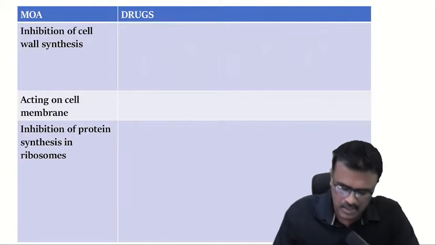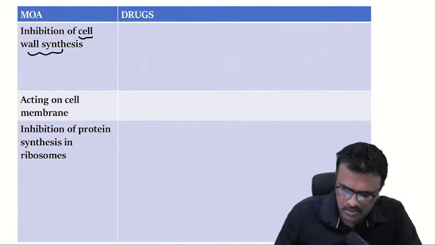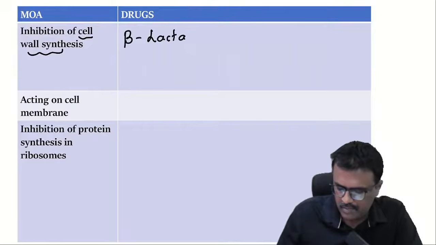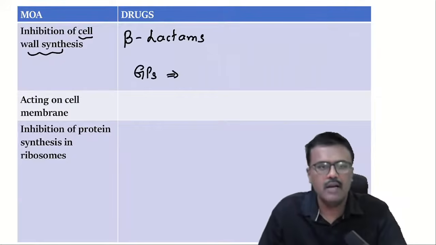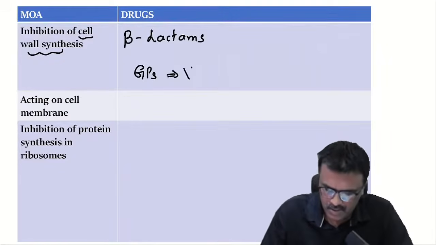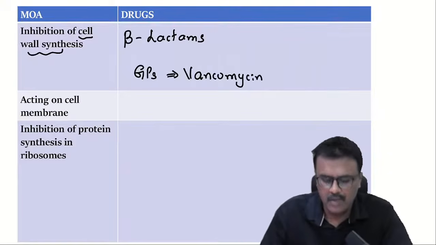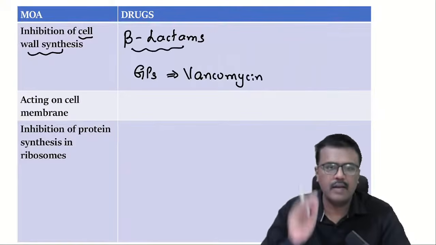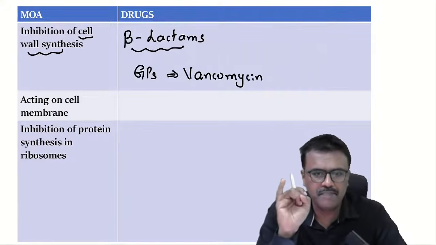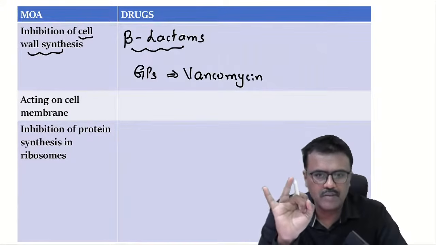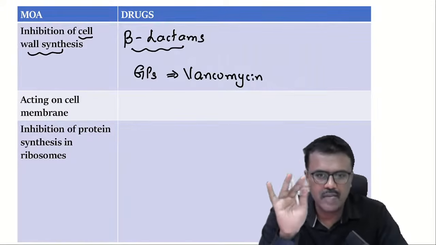So what are the major drugs which inhibit cell wall synthesis? Beta-lactams and GPs. GPs means glycopeptides. The major one is vancomycin. What are beta-lactams? They are nothing but penicillin, cephalosporin, monobactam, carbapenems.